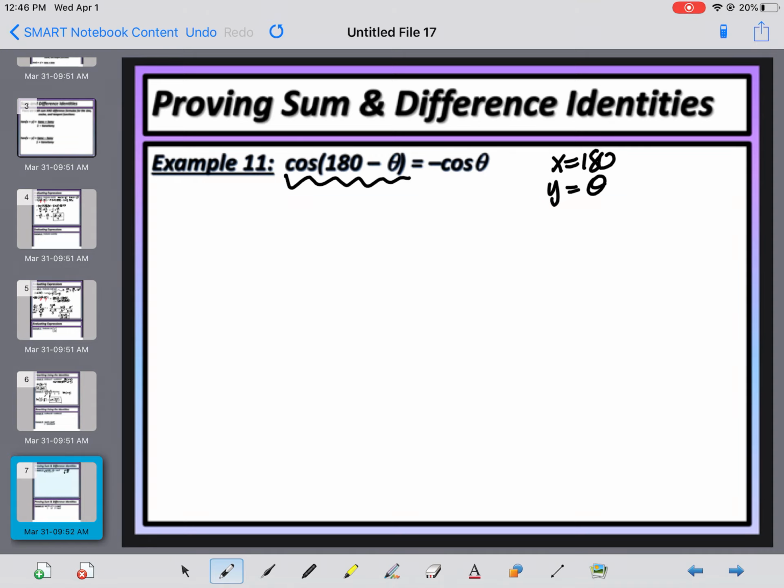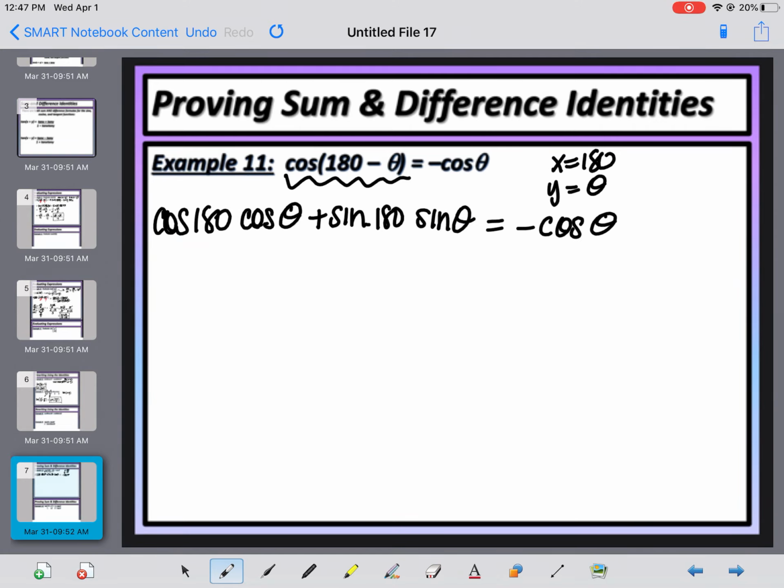So I'm going to expand the left side into cosine of 180 cosine of theta plus sine of 180 sine of theta. We're trying to prove that it equals negative cosine of theta.